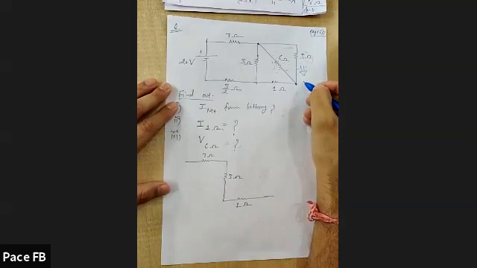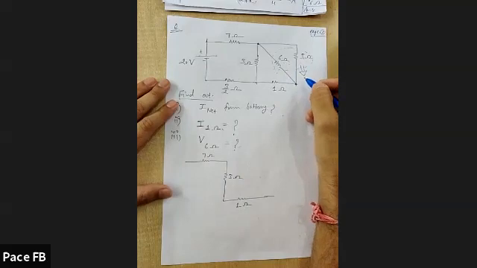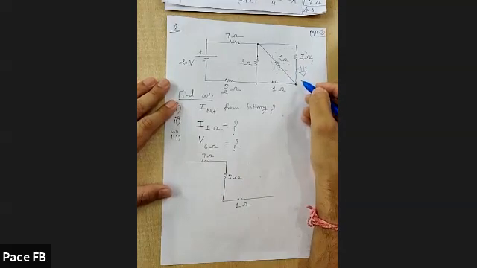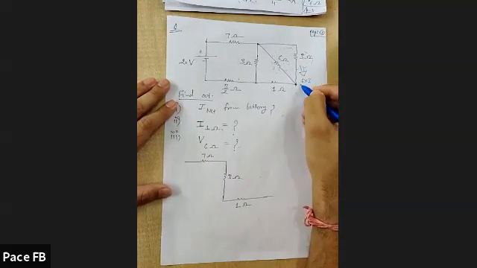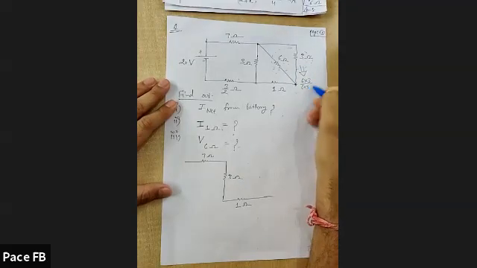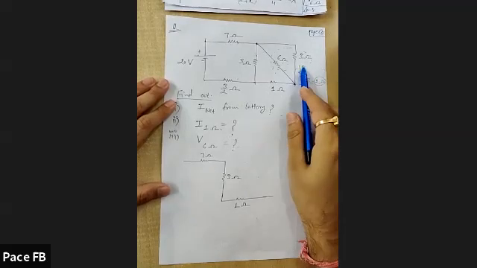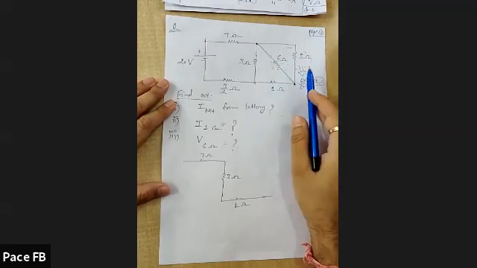Always remember, if there are two resistors connected in parallel, how to find their equivalent resistance? Simply multiplication upon addition of those two. So 6 into 3 upon 6 plus 3 gives me R equivalent, which is 2 ohm. So R equivalent of 6 and 3 would be 2 ohm if they are connected in parallel.